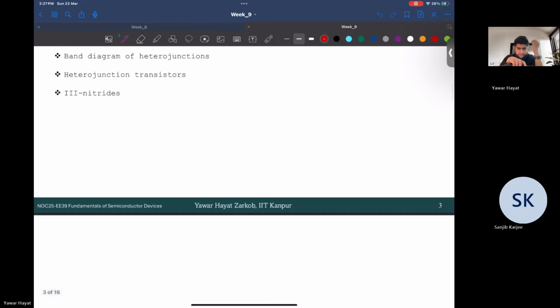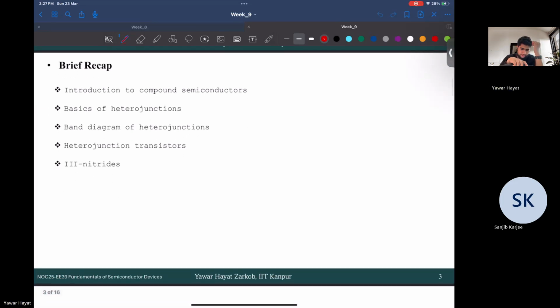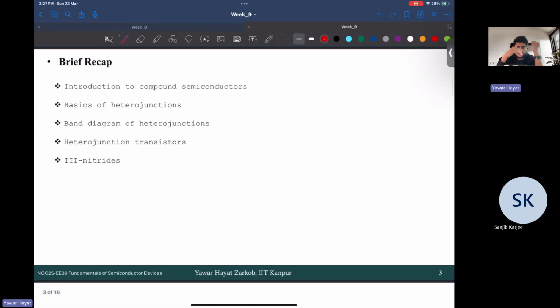So what I'm planning to do is briefly recap compound semiconductors instead of showing problems on this. I'll briefly address doubts if you have any, or revise some portion of that. Do you have any specific query or problem regarding these lectures from the last week?